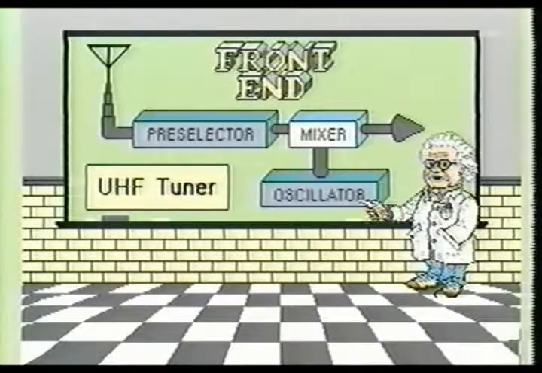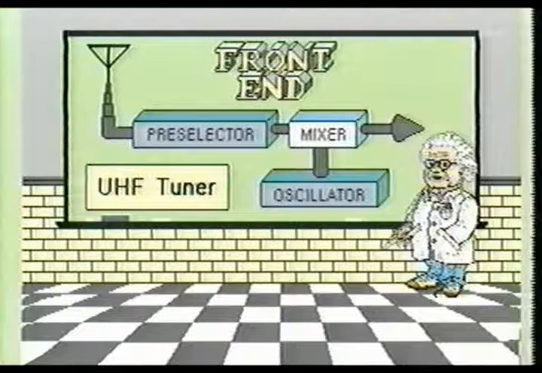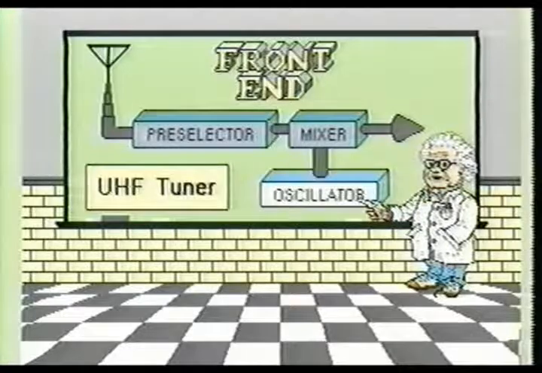The mixer portion of the UHF tuner is responsible for combining the selected RF signals with the signal produced by the UHF oscillator section. The oscillator section of the UHF tuner is designed to operate at a frequency higher than the incoming RF signals by an amount equal to the IF frequency values.